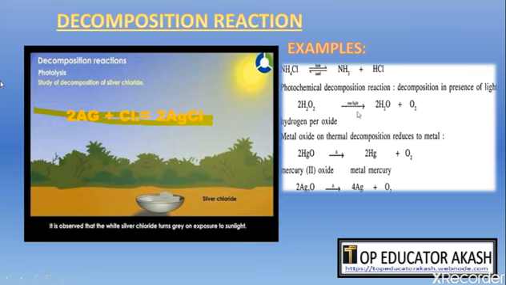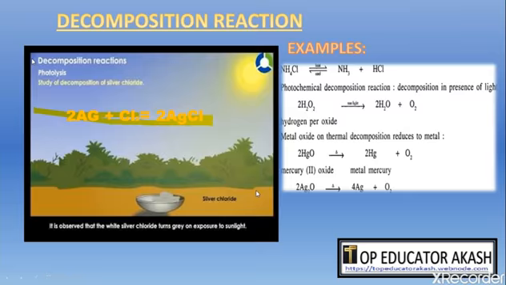When sunlight is passed through hydrogen peroxide, water and oxygen gas are evolved. Mercuric oxide: when heat is passed through mercuric oxide, mercury and oxygen gas are evolved. Silver oxide: when heat is passed through silver oxide, silver and oxygen gas are evolved.